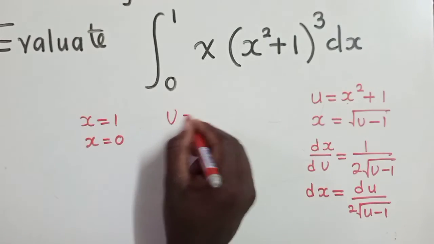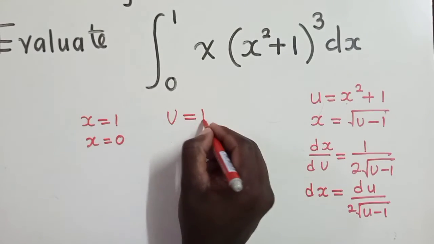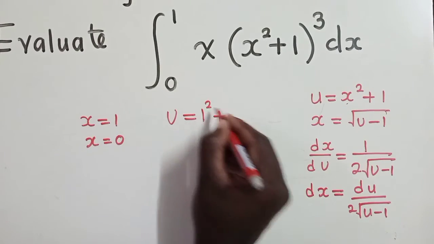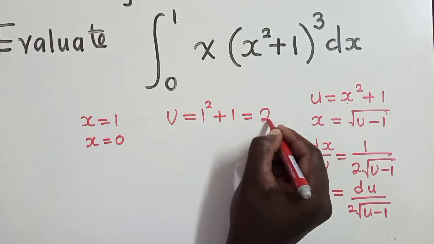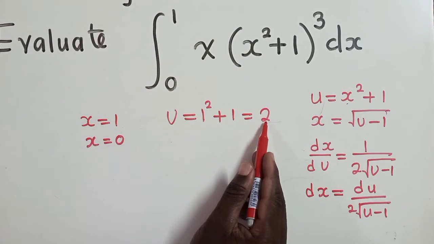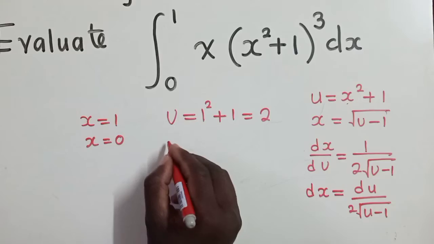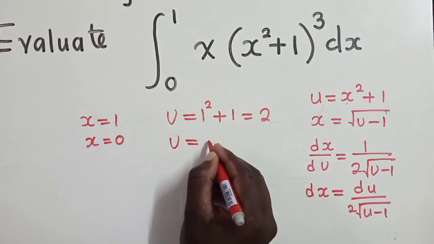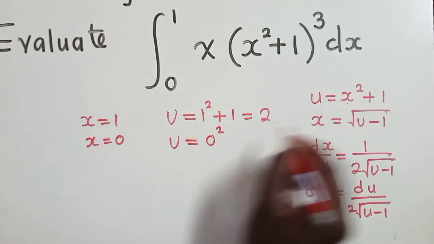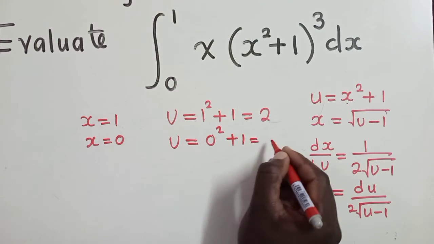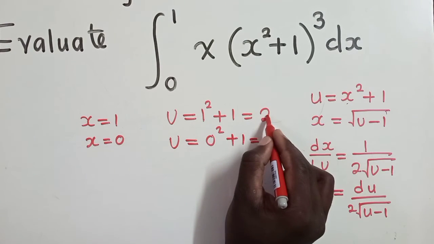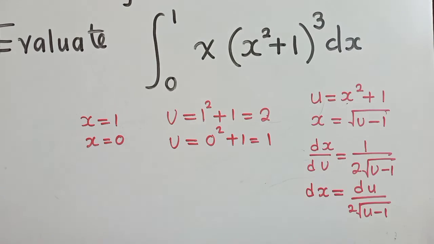When you substitute a 1, we shall have 1 squared plus 1, which will just give us a 2. Meaning our upper limit is changed to a 2. For the lower limit, we substitute a 0 right here. We solve, we shall get a 1. So upper limit is 2, lower limit is 1.